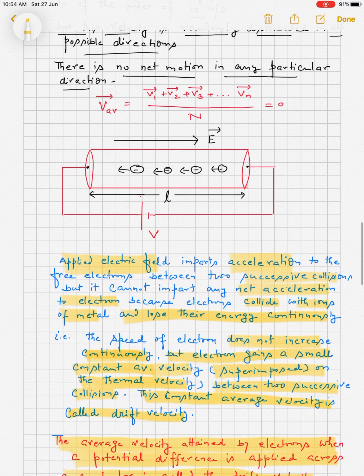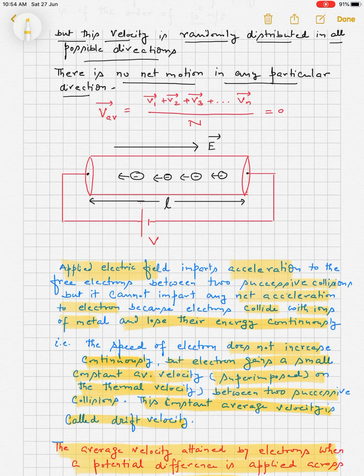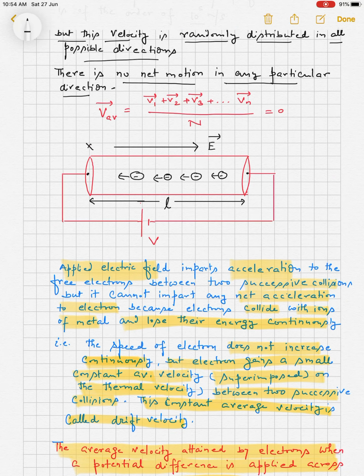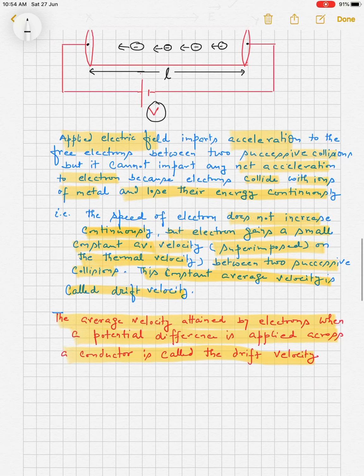Now we will find the relation for drift velocity. Here a conductor is shown whose cross section or end is x, y. Along xy a potential difference V is applied. Due to this potential difference, an electric field E is established. When an electric field is established, the electron experiences a force F equal to minus eE.